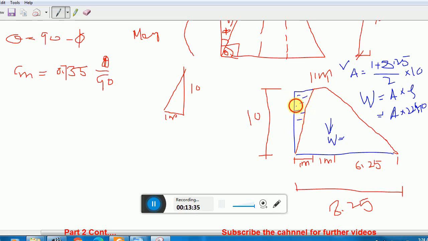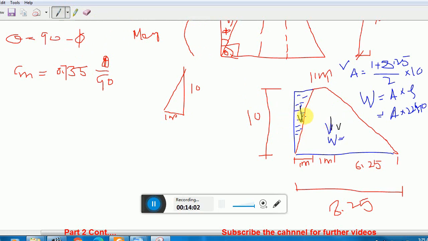Now this water body provides extra support to this dam, and causes balancing of this dam. Clear? So that's why it is very important that we also determine this force, and it also exerts a vertical force. Here we have one vertical force, here we have another vertical force.